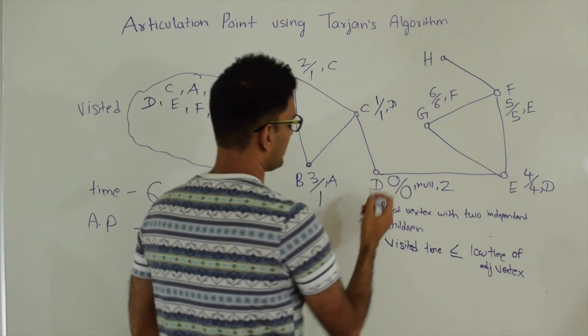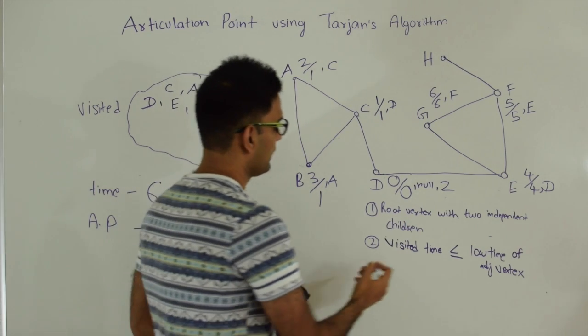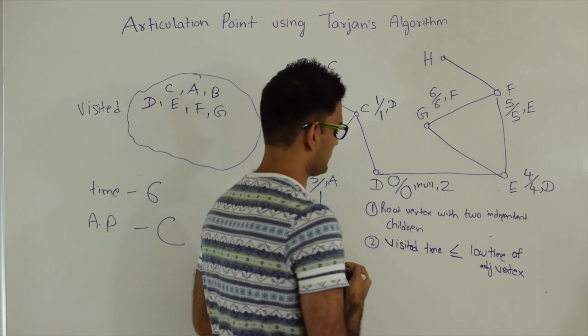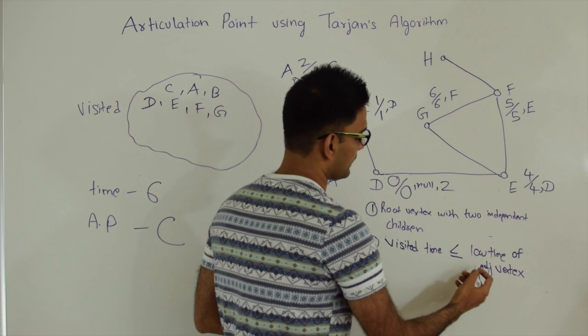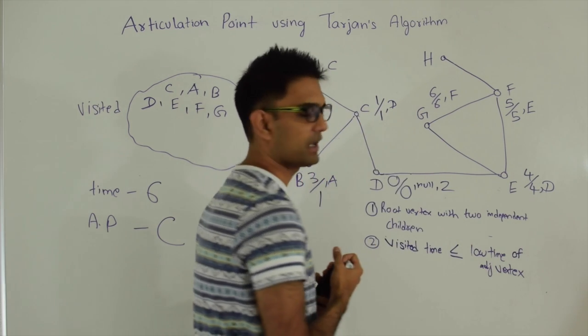So then at G, it doesn't satisfy the first condition because it's not the root of DFS, and the visited time of G, which is 6, is not less than or equal to the low time of E, which is 4. So G is not an articulation point.